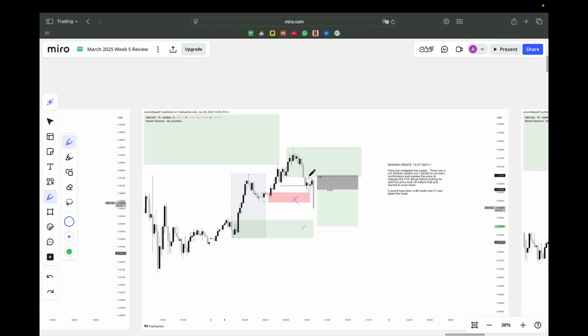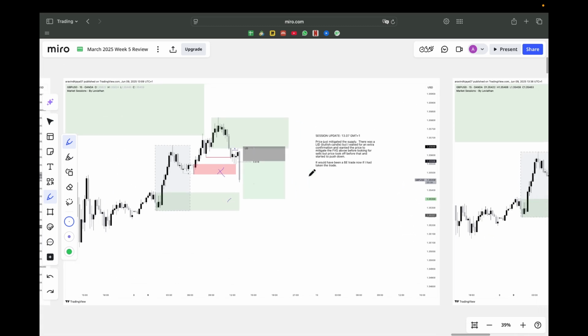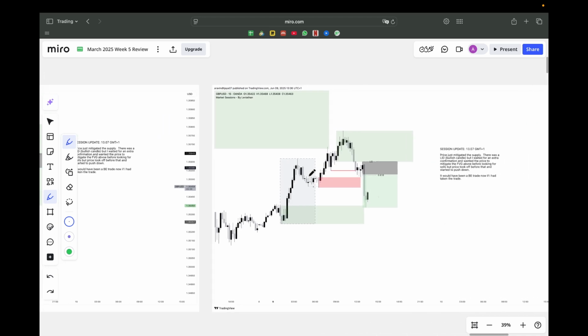Yeah, having a clear mind, having a clear mechanical structure sometimes helps. Sometimes your instincts play out, sometimes your instinct doesn't play out. In this case, my instinct asked me to wait for the one small extra confirmation, but that failed, and a beautiful trade gone without me. So yeah, it is what it is.